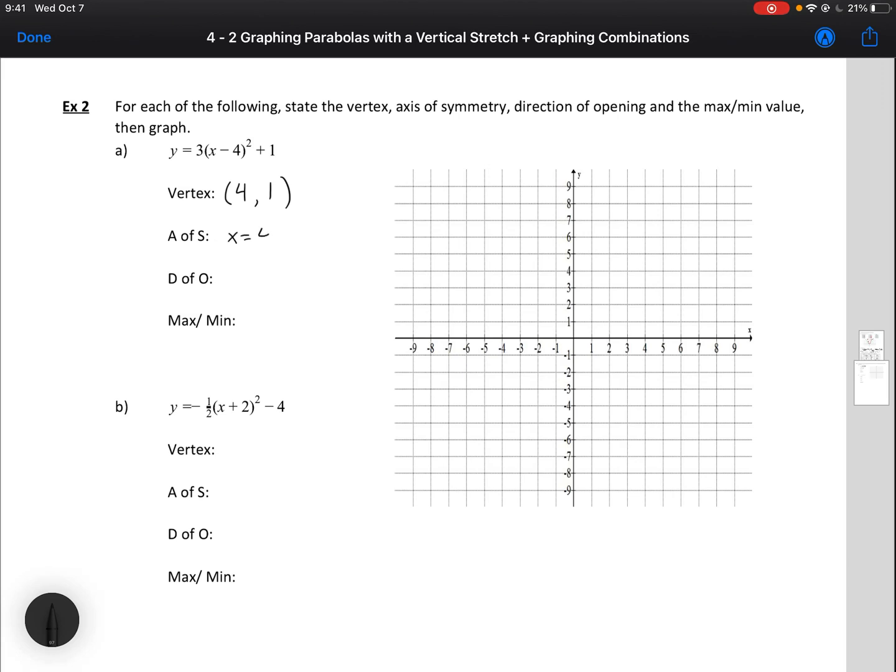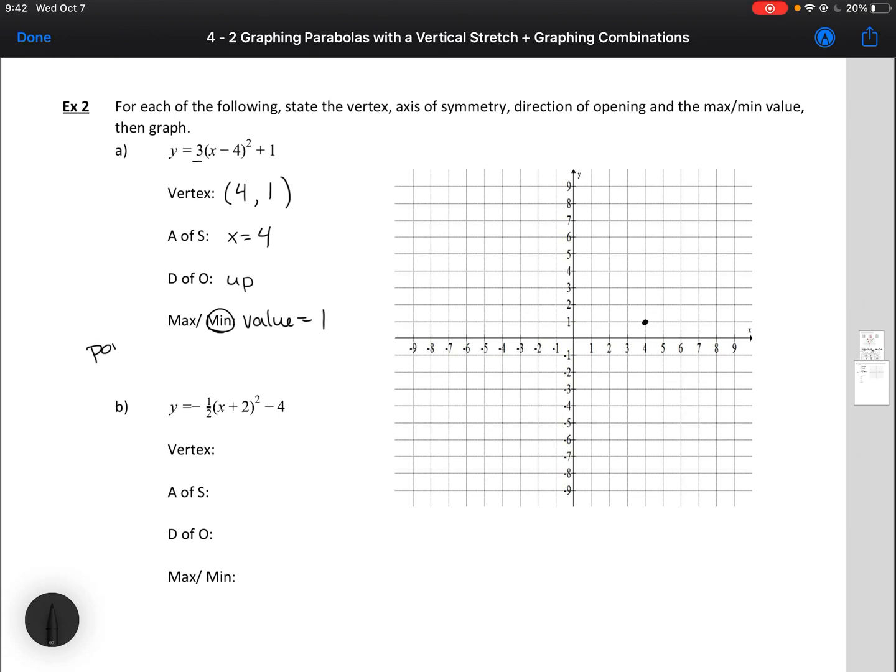Our axis of symmetry is always equal to the x-coordinate of the vertex. And our direction of opening is up because our a value here is positive. Because our parabola is opening up, we have a minimum, and our value is going to be equal to the y-coordinate of the vertex.